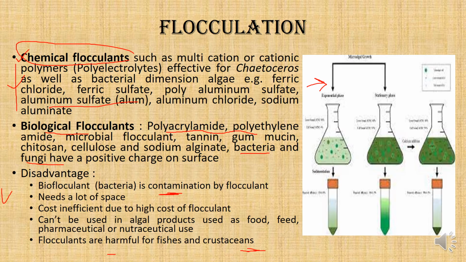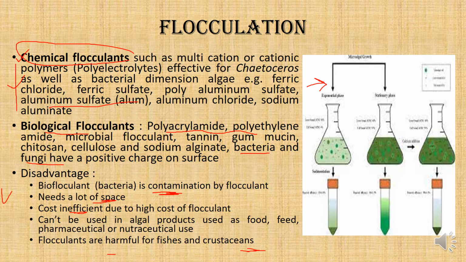So addition of flocculant is not permitted when we are using the algae for food or feed purpose. And also the process of flocculation requires a lot of space, and it is cost inefficient due to the high price of the flocculant.